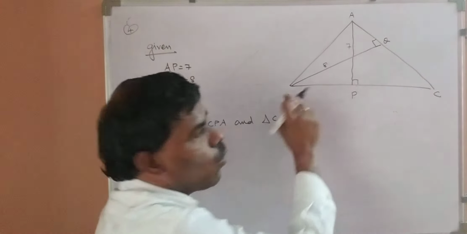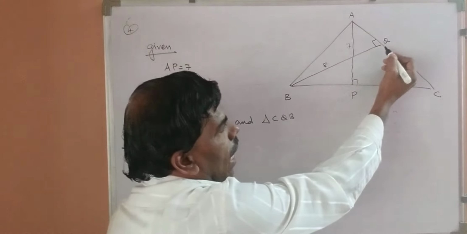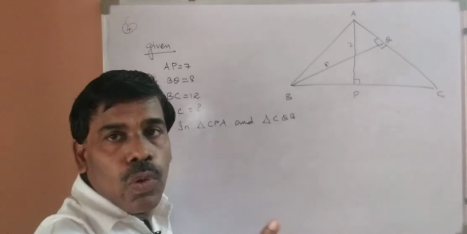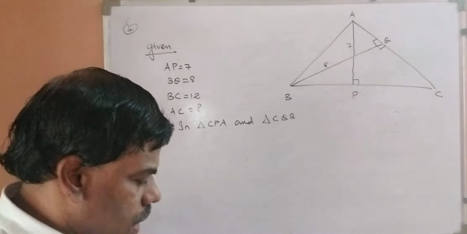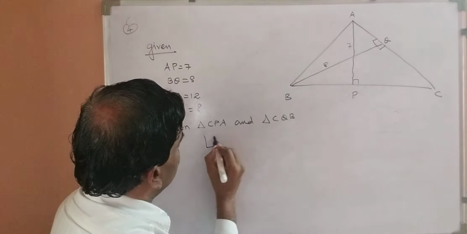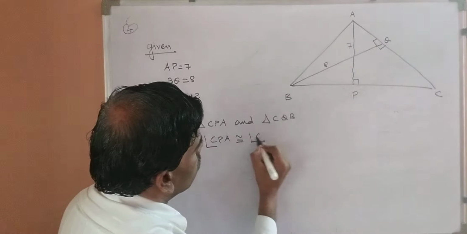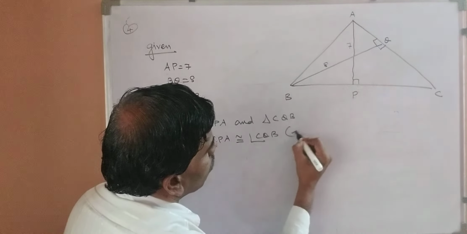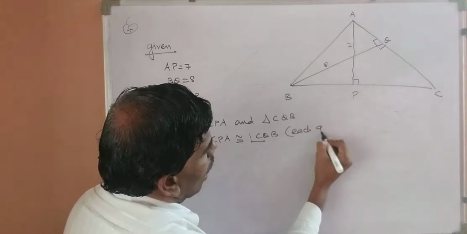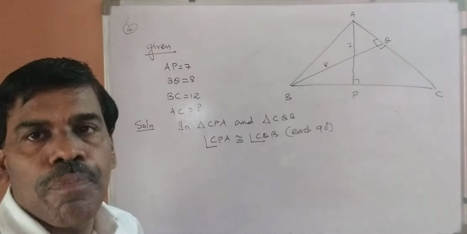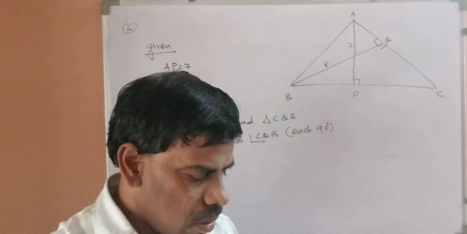And in CQB, what is Q? 90 degrees. Therefore, one angle is congruent. Therefore, angle CPA is congruent to angle CQB. Why? Each is 90 degrees. So now one angle is congruent.